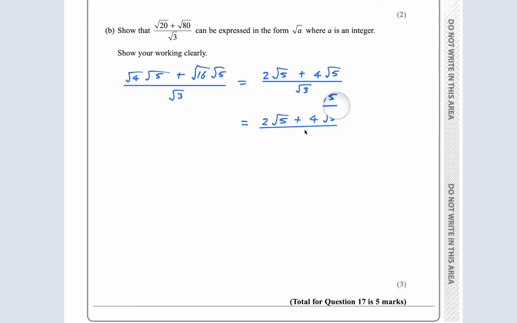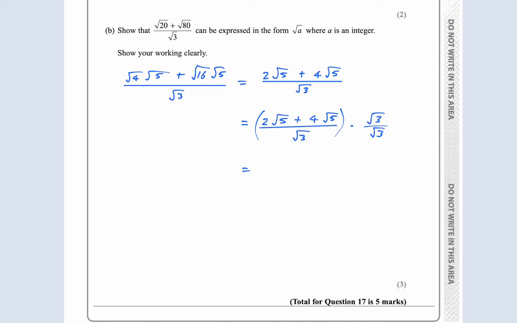I have to keep it because it has to stay the same. So what I do is I multiply by root 3 over root 3. So I just multiply by 1 essentially. So it doesn't change this. This is now still going to be the exact same thing. I'm just multiplying by 1. But the root 3 times root 3 will give me 3, which is what I want.